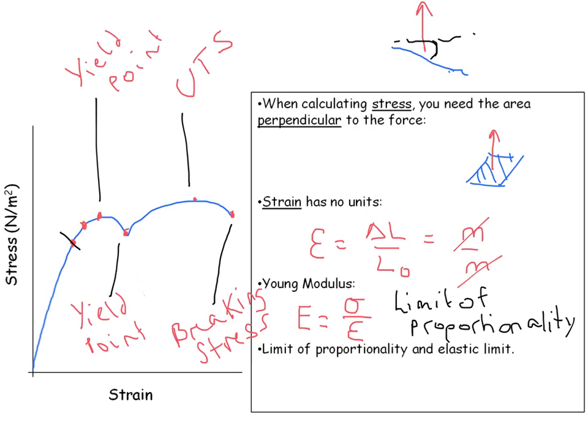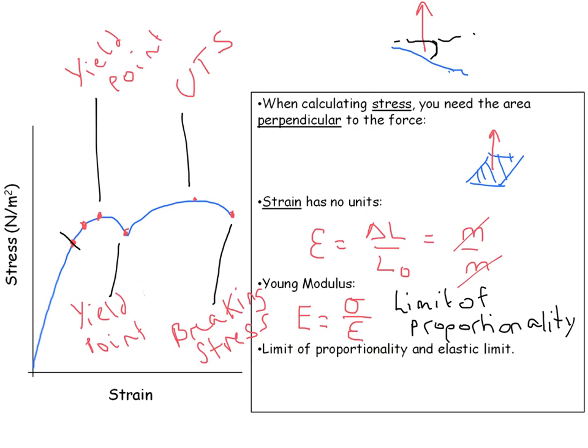Now, your elastic limit is the point at which the material can't be returned to its original shape. So you've stretched it by a certain amount and you've gone past the elastic limit. That material cannot go back to its original shape and it's permanently deformed. For some materials those two points will be exactly the same, but for a lot of materials they're not.